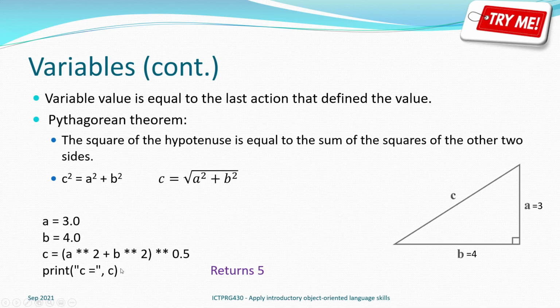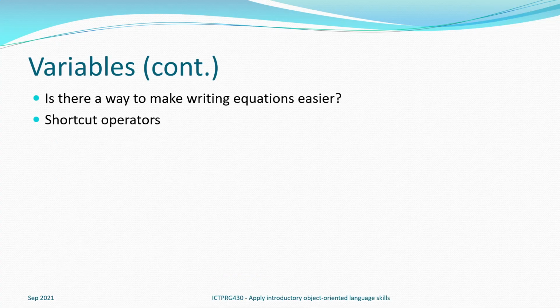So we then can print out what c, or the value of the hypotenuse, is, which is 5. For those that can do quick maths, 3 times 3 is 9, 4 times 4 is 16, and together that is 25. Square root of 25, 5. Simple 5 times 5 table.